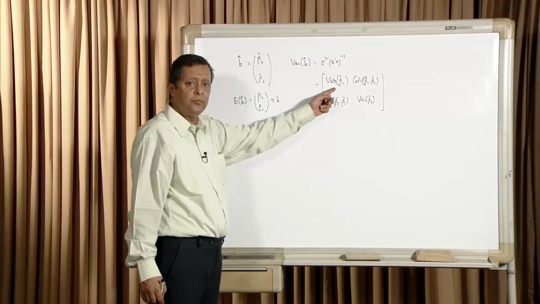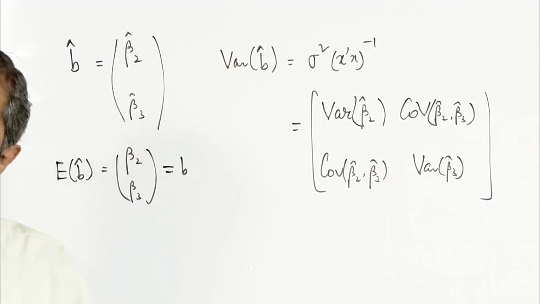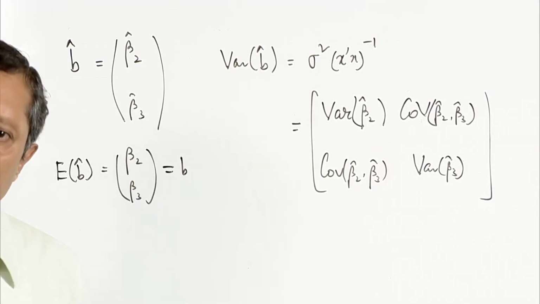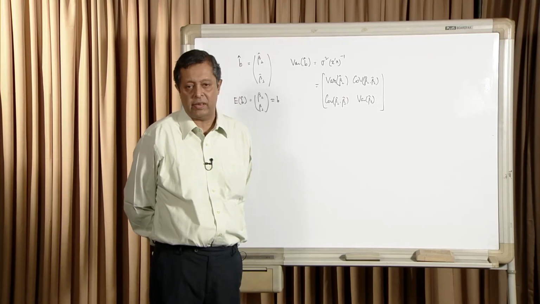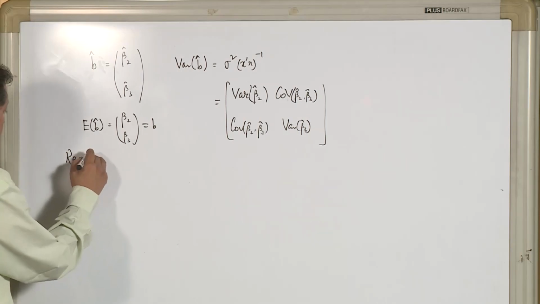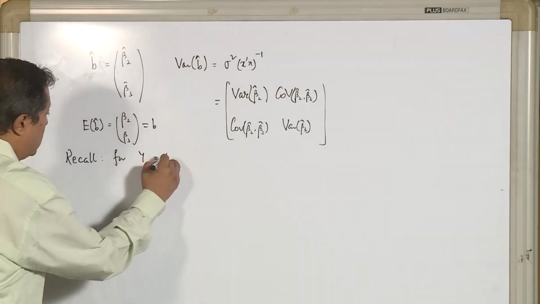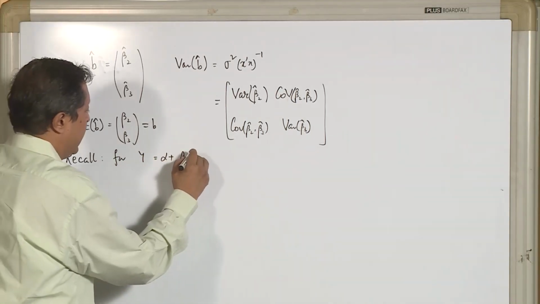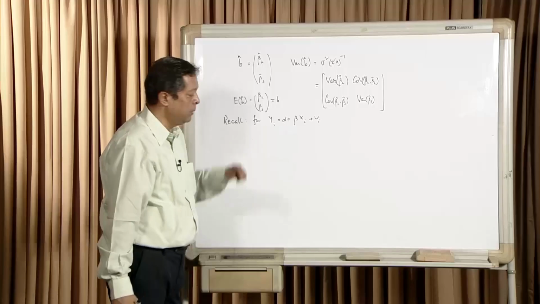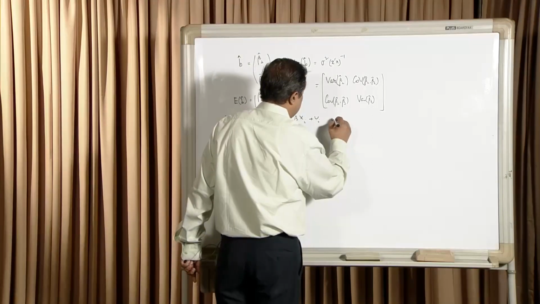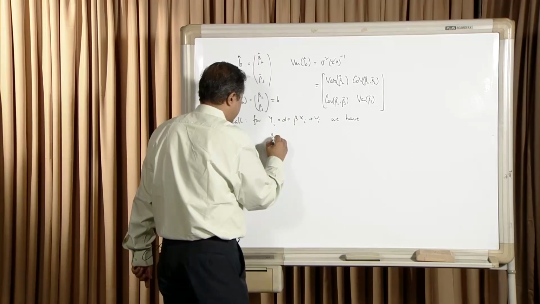Let us look at variance of beta 2 hat first. Here again, first we will take an intuitive route. We know that in the simple linear regression model where y is just regressed on a single variable x, we should be able to recall, for y equal to alpha plus beta x plus u, that is the two variable model, we have the result for beta 2 hat.